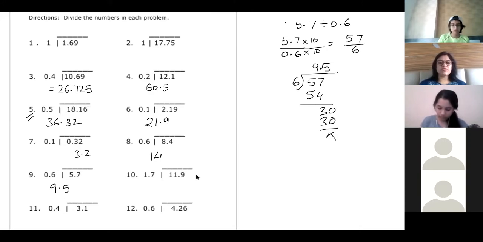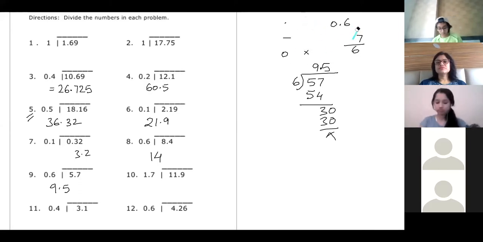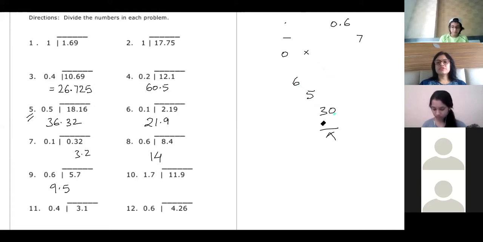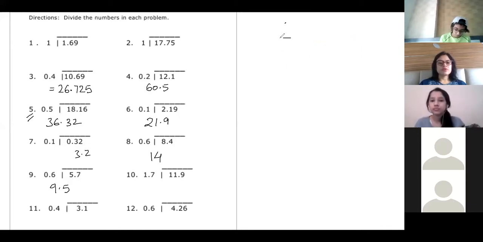Abdullah, 11.9 divided by 1.7. Yes, ma'am. First we will write 11.9 divided by 1.7. Wait, let me write. It is a fraction.